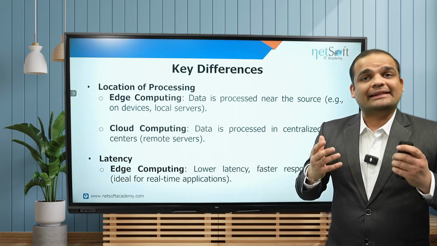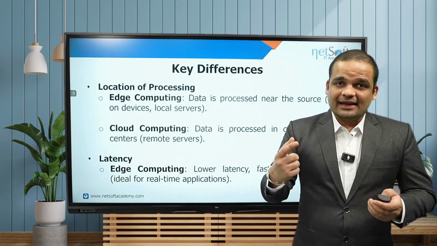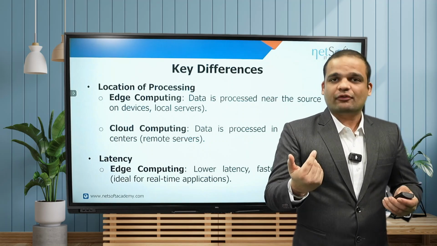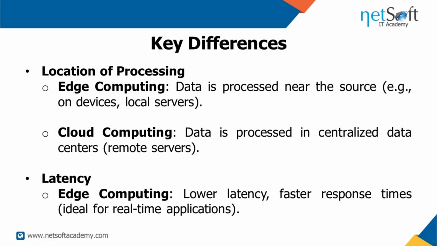Next, we have latency, which is basically the delay between sending a request and then getting the response. For edge computing, the delays are minimal. So I will say edge computing wins here. With minimal delays, it's perfect for real-time applications like autonomous cars or smart devices.